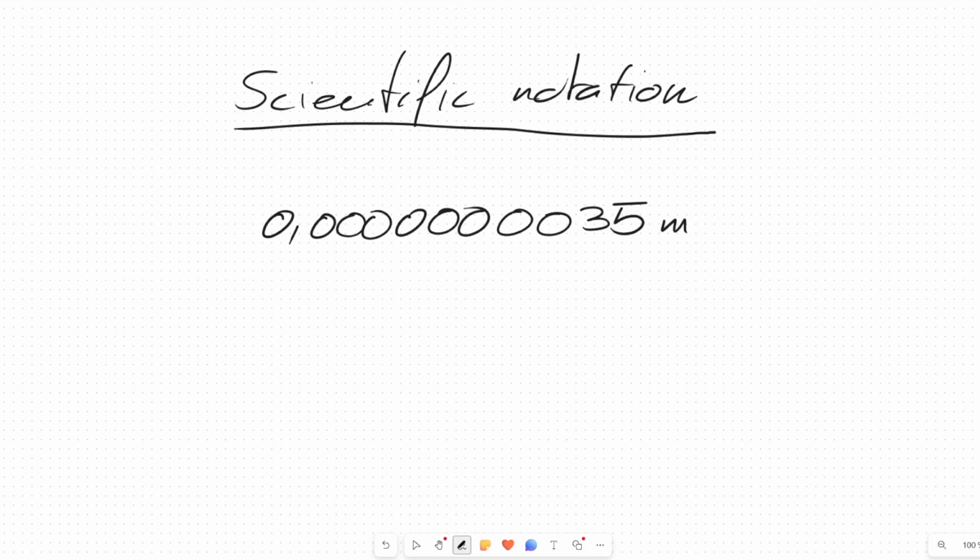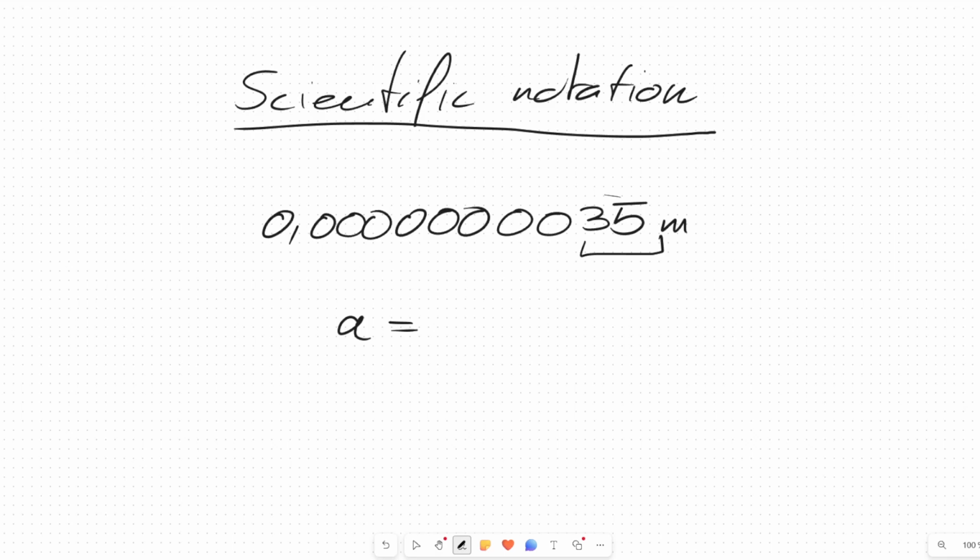Well, first, we have to look for what is different from 0 in the number. This is different from 0, the rest is 0. And we have to write down that number, but in a way that it is between 1 and 10. So a is basically the non-zero part of the number, in this case 35.